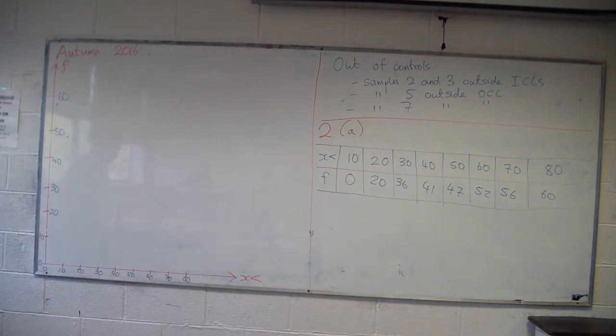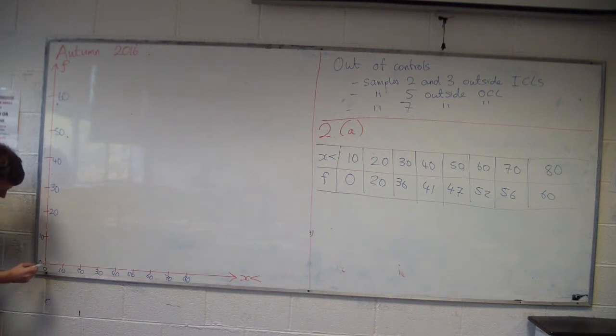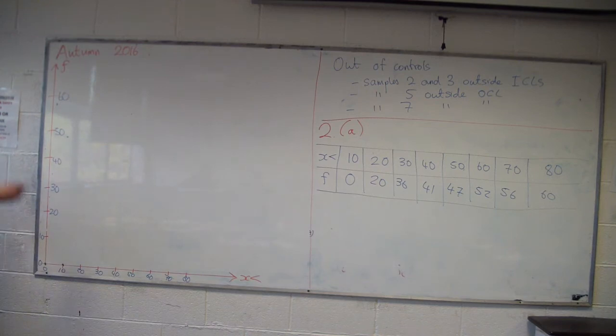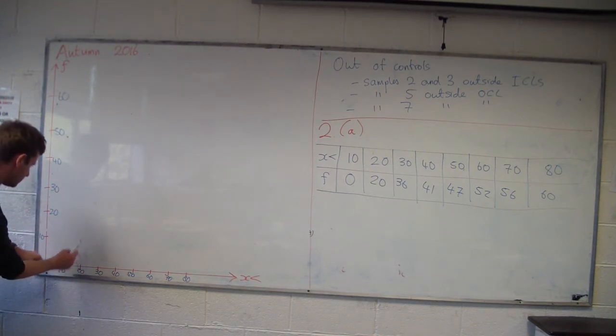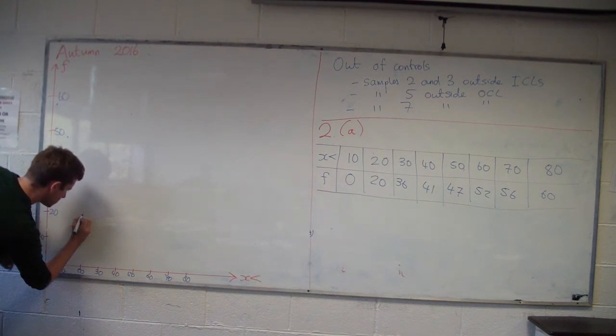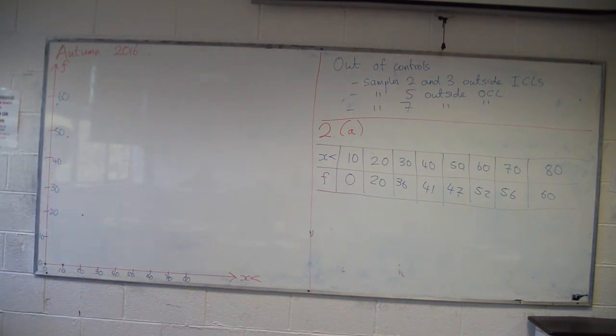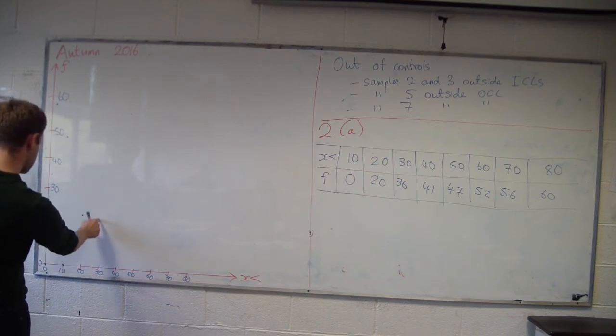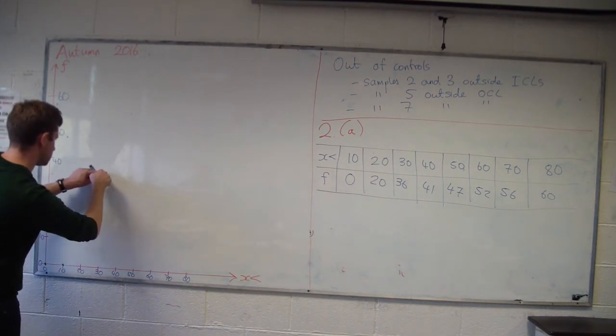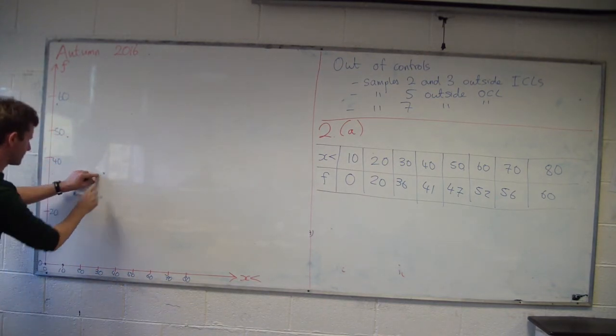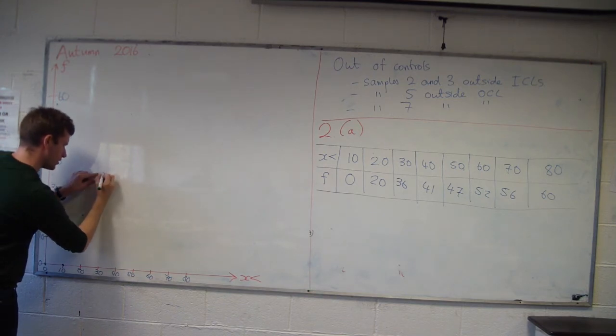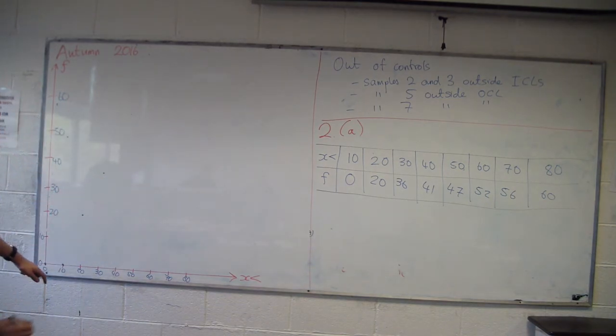Okay. How many less than 0? 0. How many less than 10? 0. And then you just graph this. How many less than 20? 20. And less than 30? 36. And less than 40? 41.